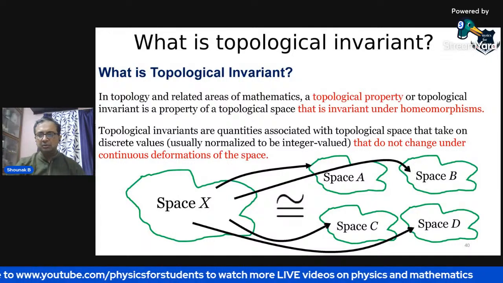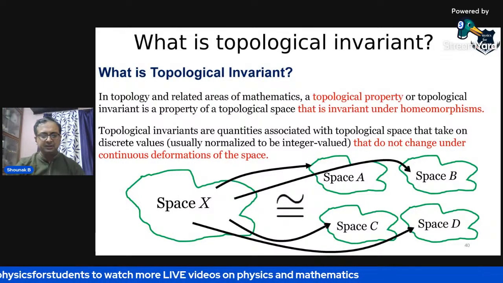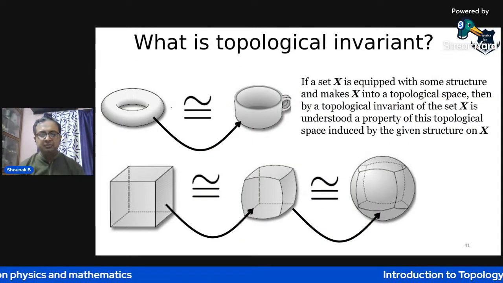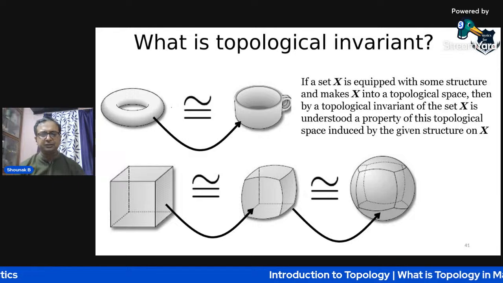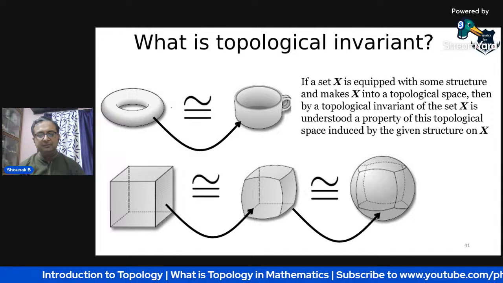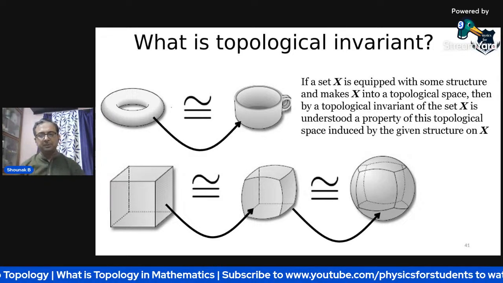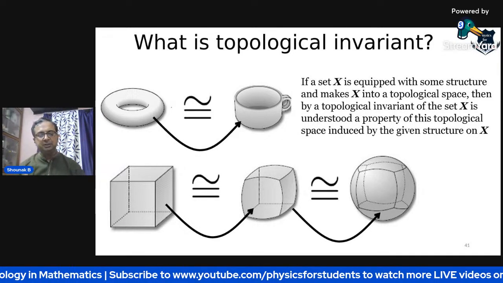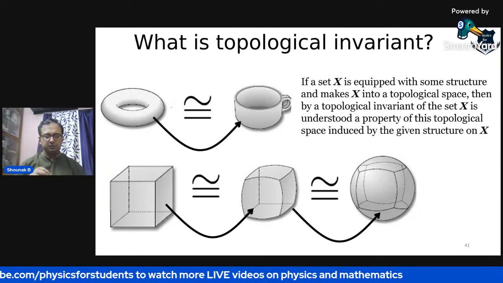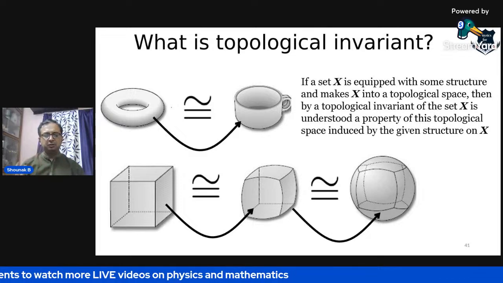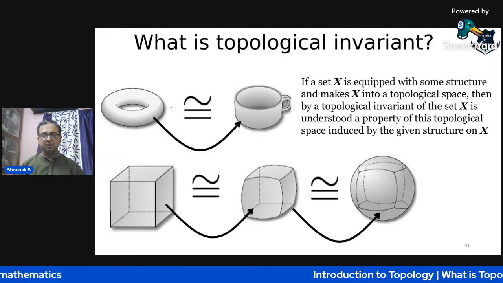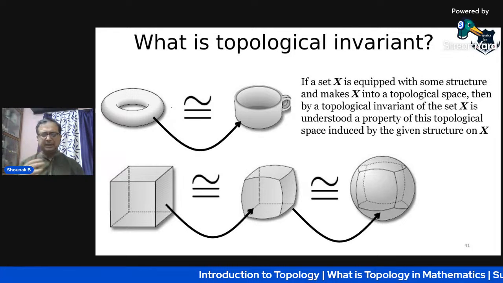Okay, so from here you see we get to a definition: if a set X is equipped with a structure, any structure, that makes X into a topological space, then by a topological invariant of the set X is understood a property of this topological space relative to the given structure on X. I understand this is a little bit confusing, so just follow these pictures, how the cup and the homeomorphism is happening, and the box is inflating into a sphere or a soccer ball, and then it is coming back.